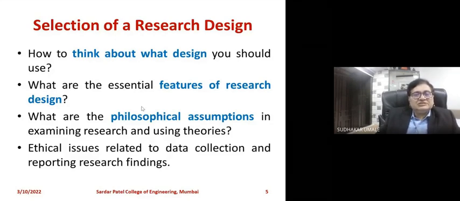And next question is, what are the essential features of research design? I want to focus on features of research design because it is very essential. There are mainly 5 features of research design. If research design gives the same result when some tools are used in the same sample, then such research design will be considered a reliable research design.